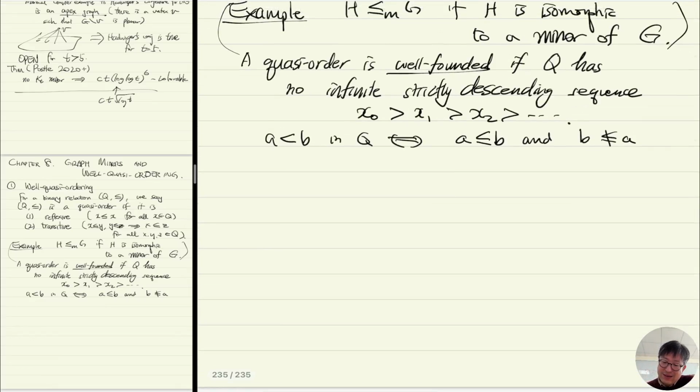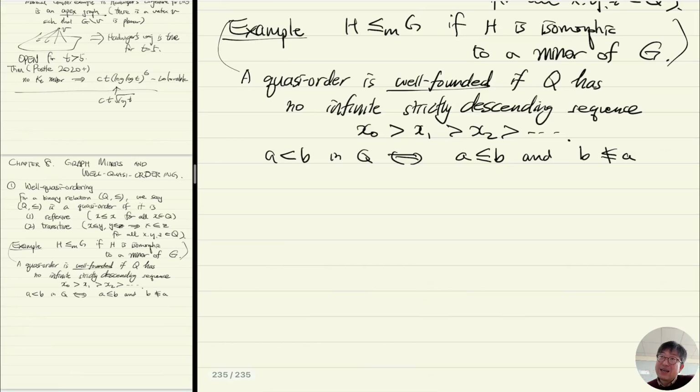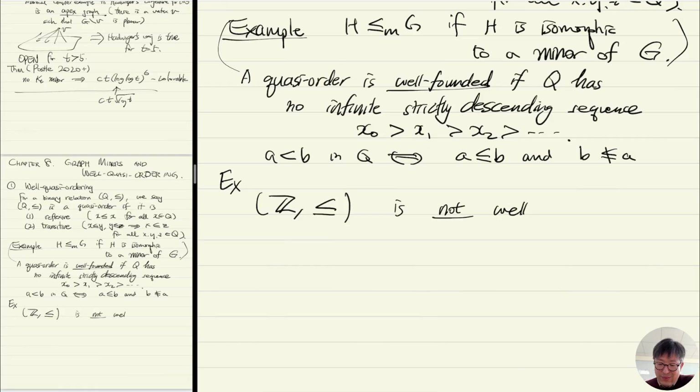All right, so let me give you examples. For instance, if I take the set of integers with the usual relation less than or equal, this is not well-founded, because you can continue forever: 3, 2, 1, 0, minus 1, minus 2.